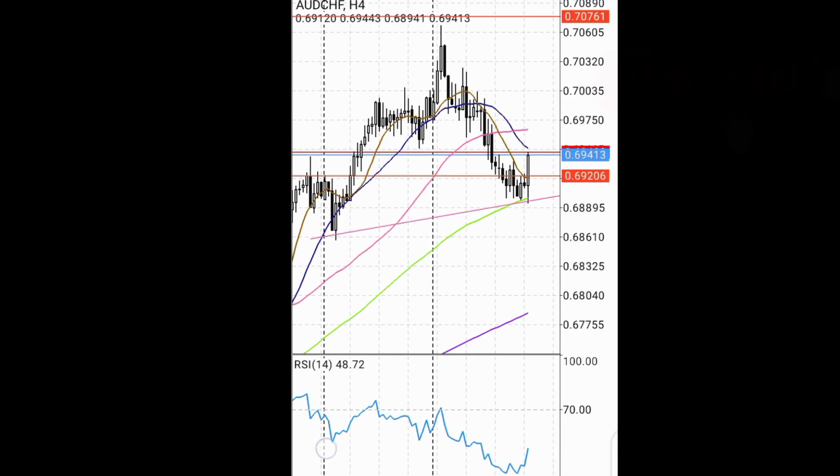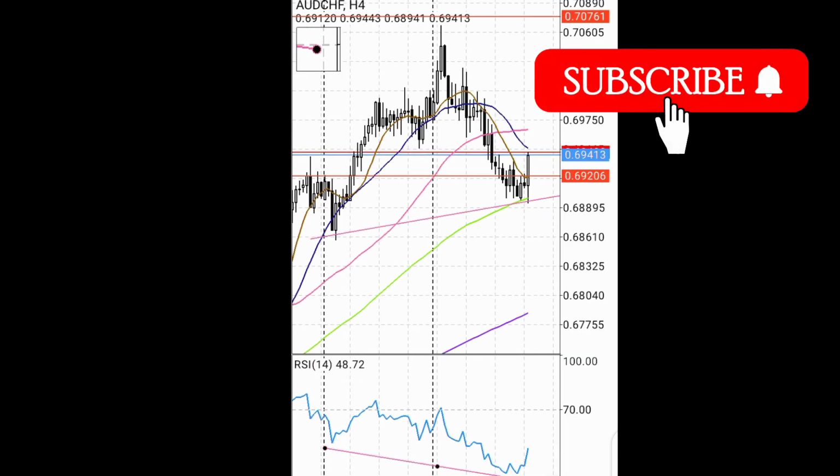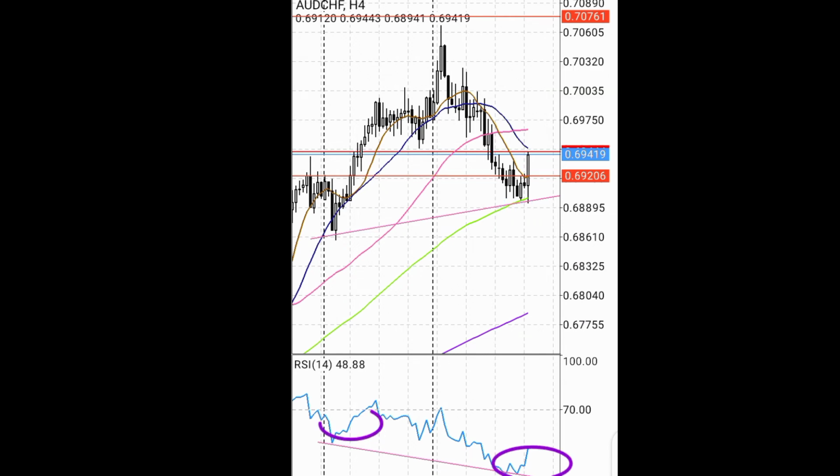Here is the RSI at that same time making a lower low. This low is lower than this, but in the price action, this present low is higher than this. So that is a signal that there is going to be a continuation in this price move.